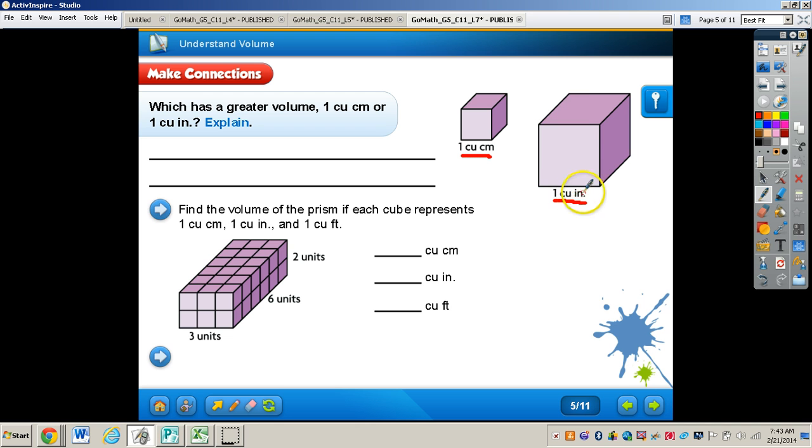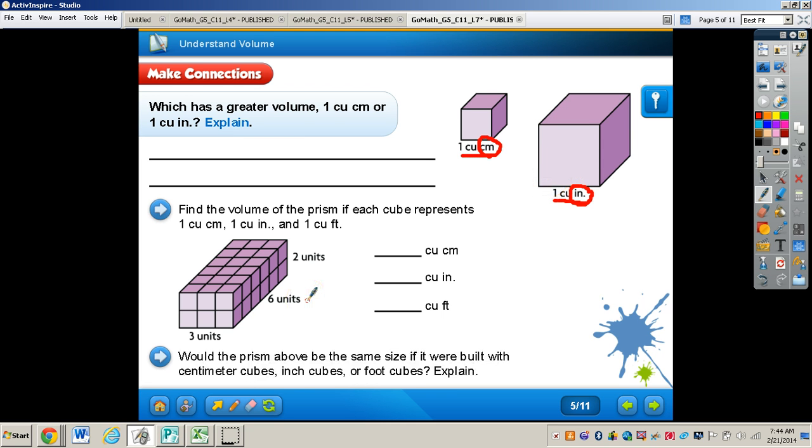Visually you can easily see that the 1 cubic inch would have a greater volume. However, if you cannot see the shapes, we know right away that an inch is greater than a centimeter. So anything with 1 cubic inch compared to 1 cubic centimeter would always have the greater volume.